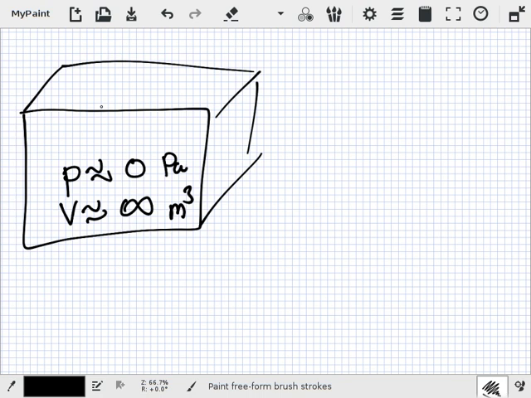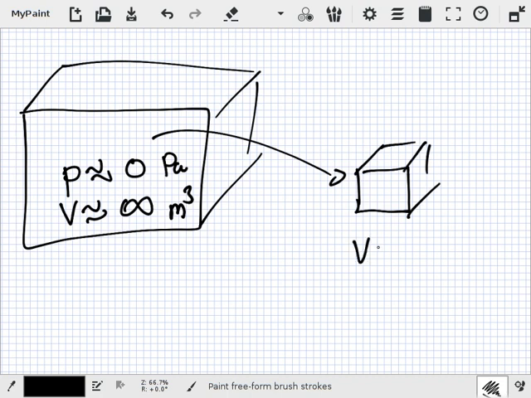And then you take the gas from this and you put it into a small container, where the volume is a small number and the pressure is a large number, large enough. How much work is done?